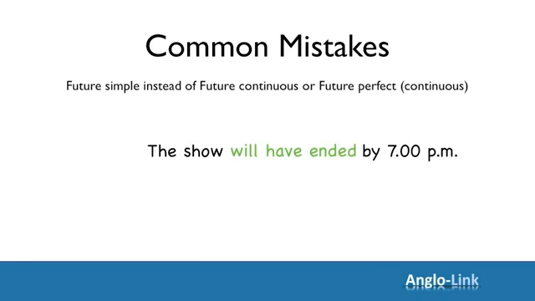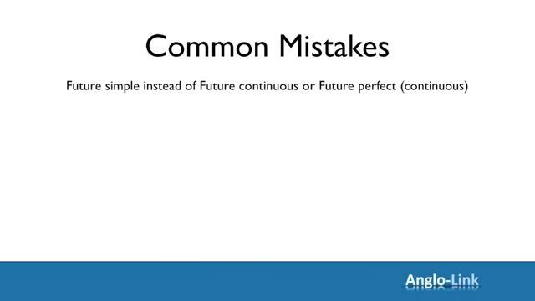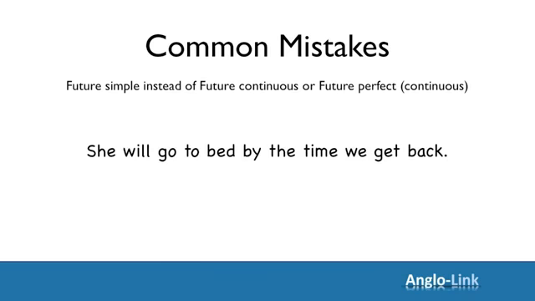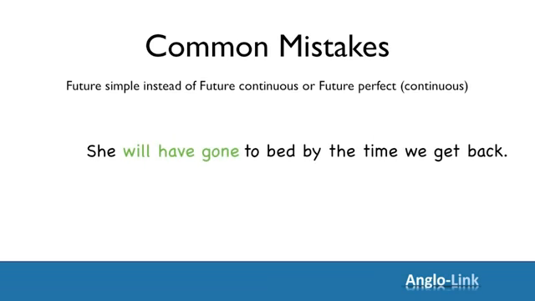The show will have ended by 7 p.m. Next example. She will go to bed by the time we get back. Once again, an action completed in the future before another action. So let's change the future simple to future perfect. She will have gone to bed by the time we get back.